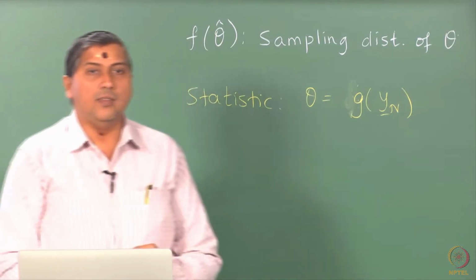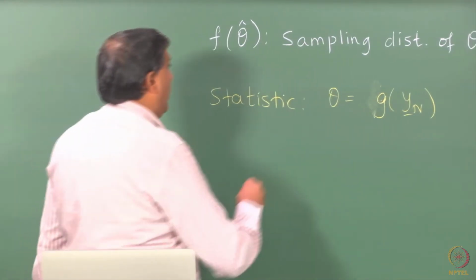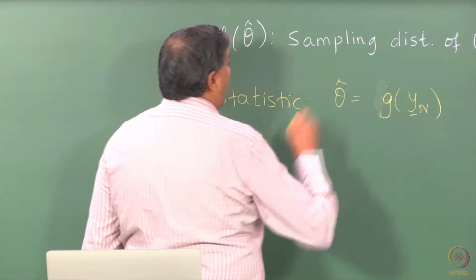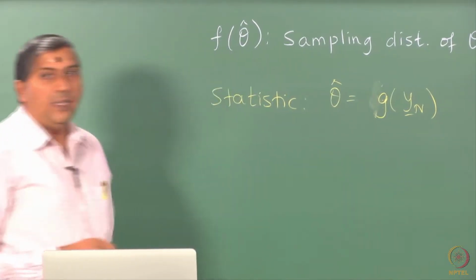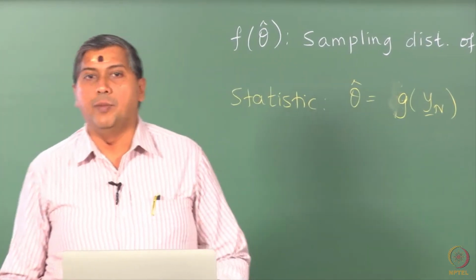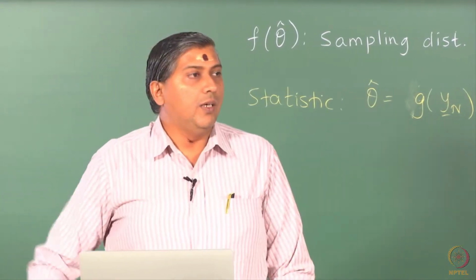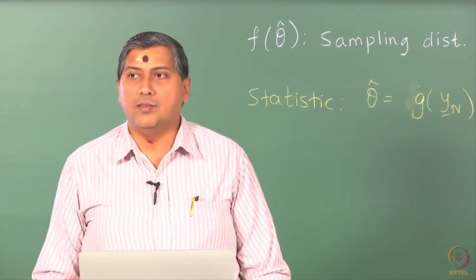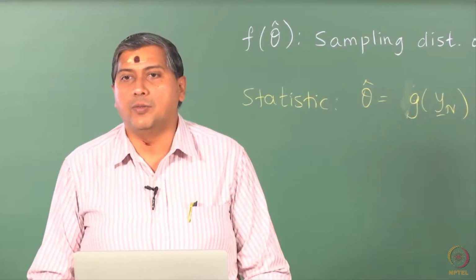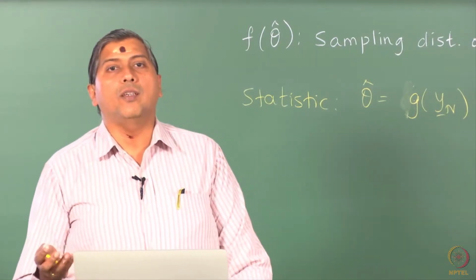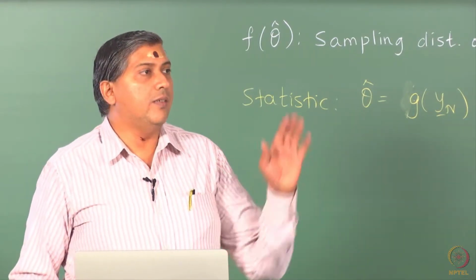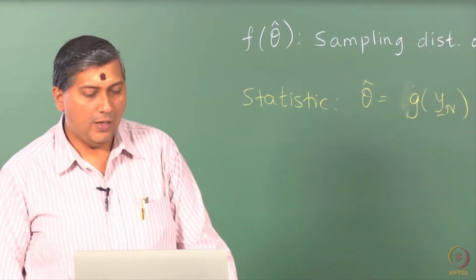Any statistic is simply a function of the observations. In that sense, it is no different from an estimator. We have observed many times that an estimator is also some function of the observations that produces a value which is relevant to a parameter.